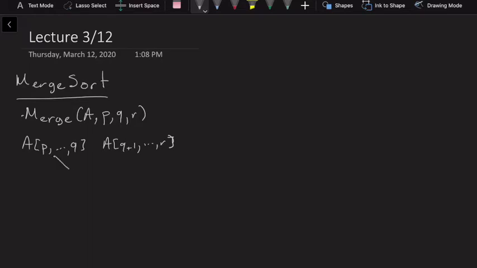And what merge did was it combined them into a single subarray from P all the way to R that was sorted into one single big array.